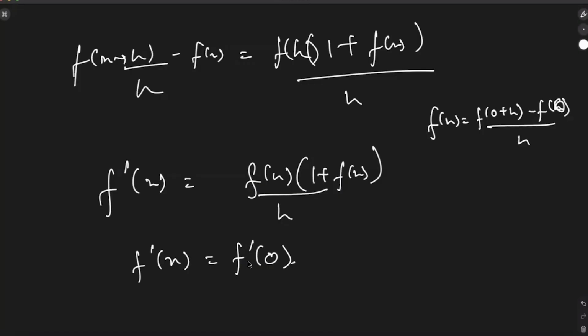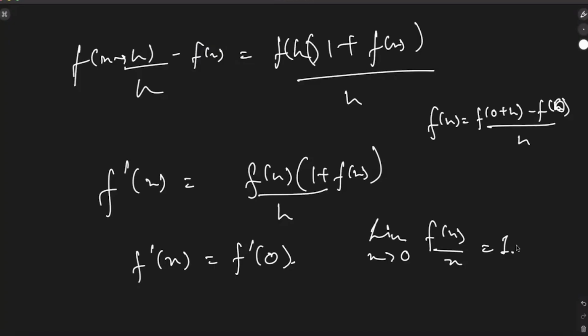So there is another thing, limit x tends to 0 for f(x) upon x is equal to 1. Since limit for x tending to 0, g(x) has been given to me as equal to 1, g(x) I can write as f(x) upon x. Okay.